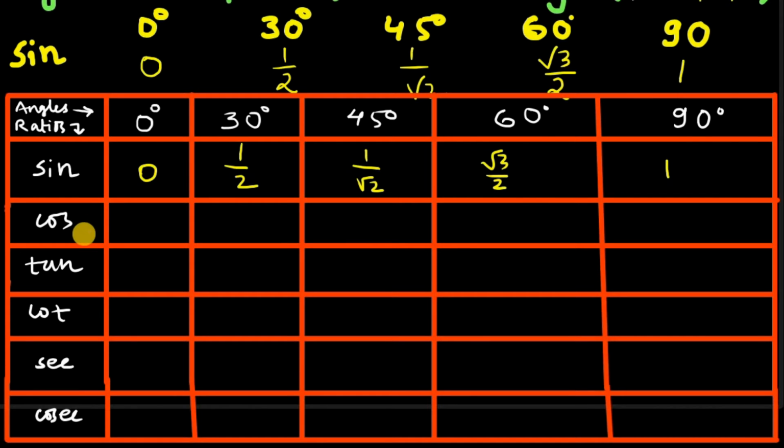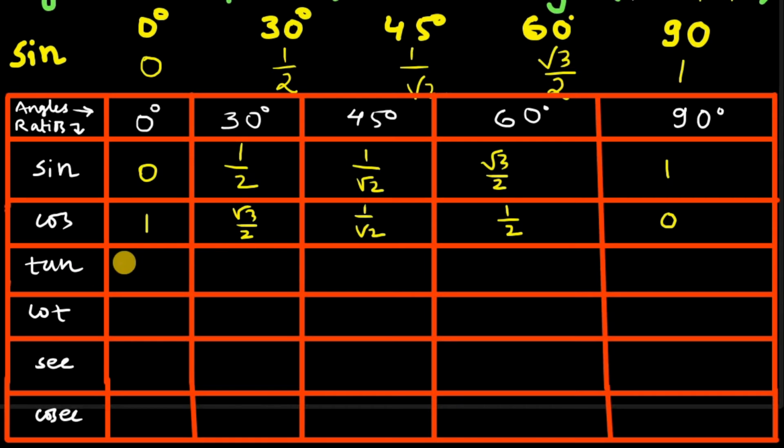Now to find the value of cos, just write from the opposite the values of sine you have got. So this 1 will come first, that is 1 here, then root 3 upon 2 will come, then 1 upon root under 2, then 1 by 2, then 0 at the end.